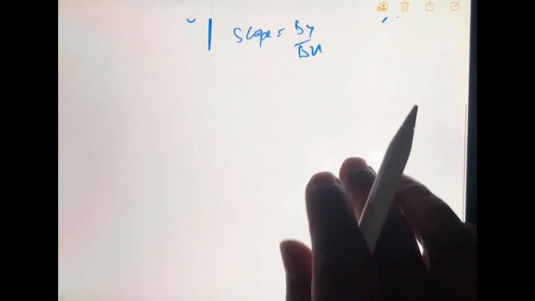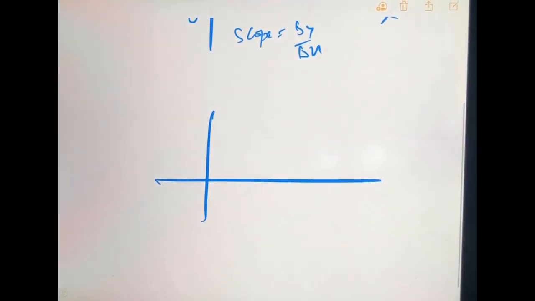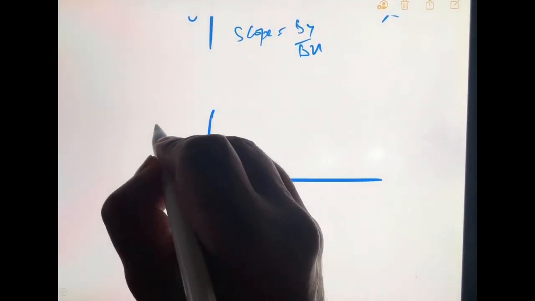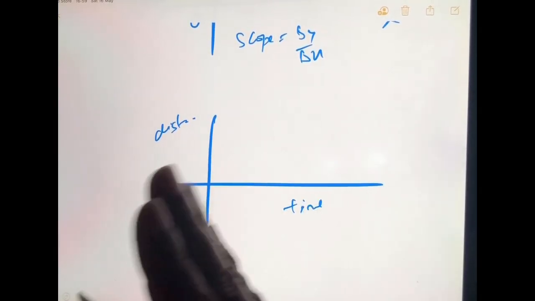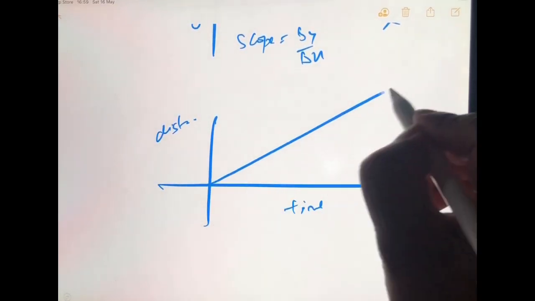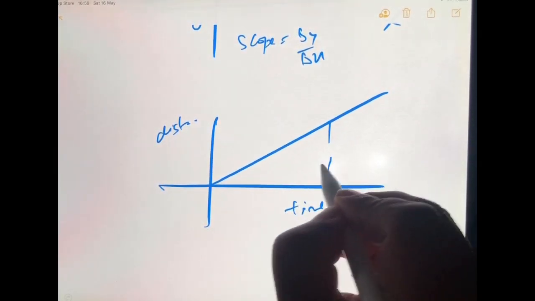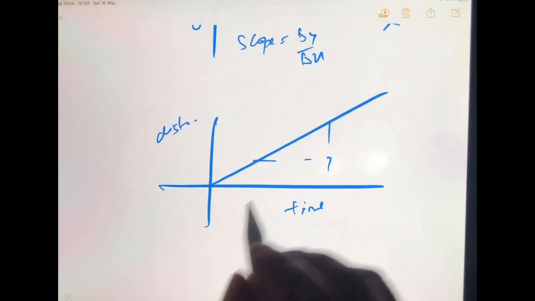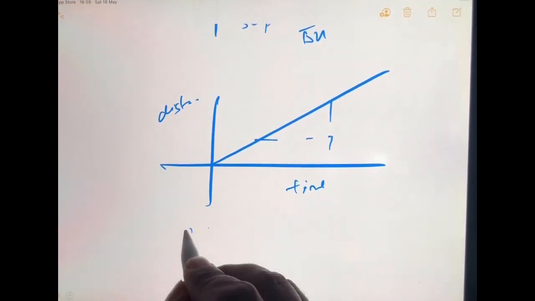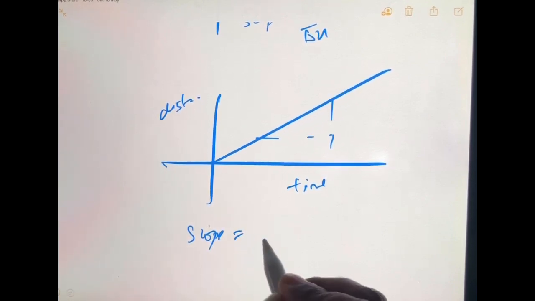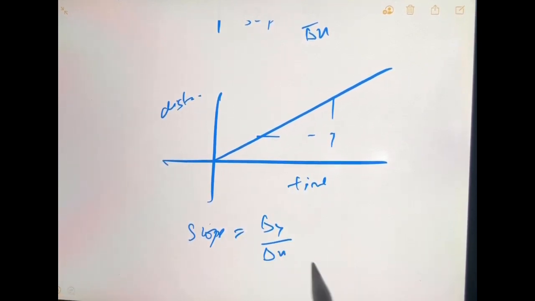Say, for example, I've got a graph with distance here and time here. No matter what kind of shape the graph takes, let's take a simple shape like this. Now we have the slope of this graph. Here this is a distance-time graph, so the slope is change in y by change in x.